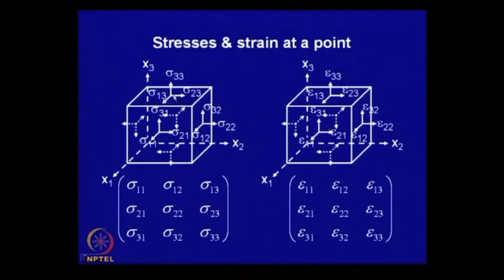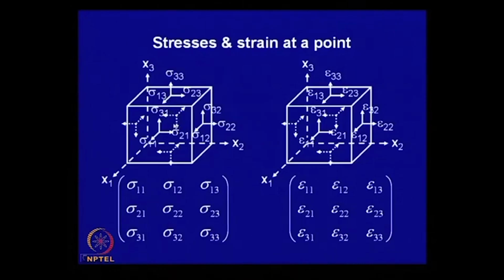Similarly, the torque which is generated by sigma 1 3, and this is also 3 1, 1 3, this is 1 3, this is also 1 3. The torque generated by this should be balanced by the torque generated by sigma 3 1.